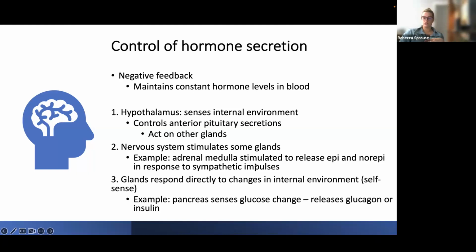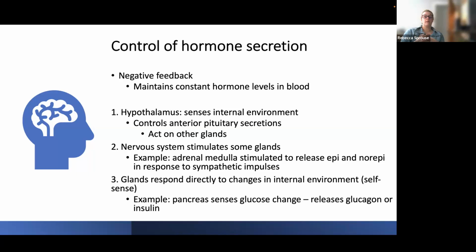Same with the adrenal medulla. Remember when we looked at the histology of the cortex and the medulla of the adrenal gland, the medulla was lighter. It's stimulated by the nervous system, right? The adrenal medulla is stimulated by the nervous system to release some hormones involved with increasing our fight or flight response.